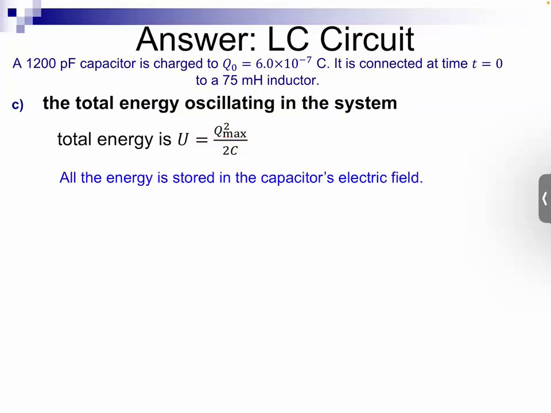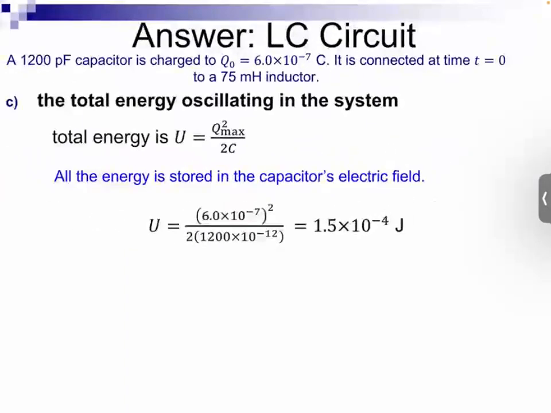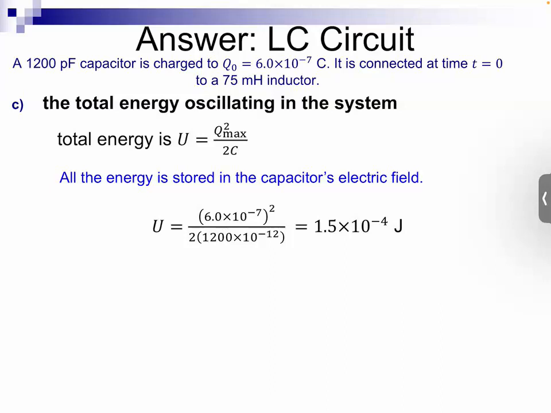The charge is given here and the capacitance is given, so you are able to calculate the maximum energy stored in the capacitor. Or, we have been learning that either all of the energy is stored in the capacitor, or all of the energy is stored in the inductor.